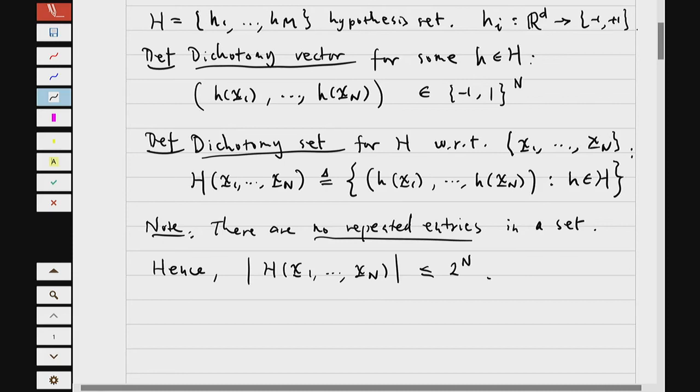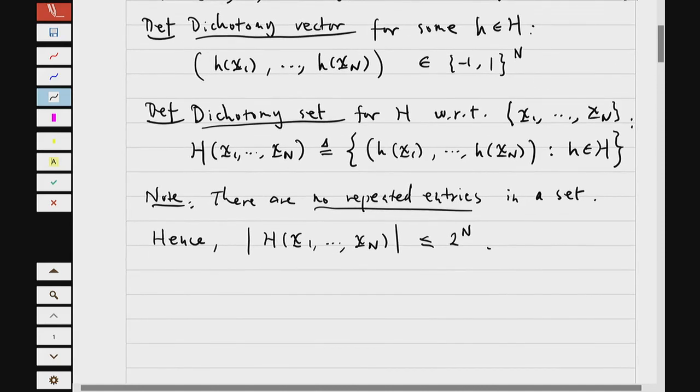So no matter how big m is, you can have infinitely many hypotheses, but they can only give up to 2 to the nth power distinct binary vectors, which is kind of an obvious idea.